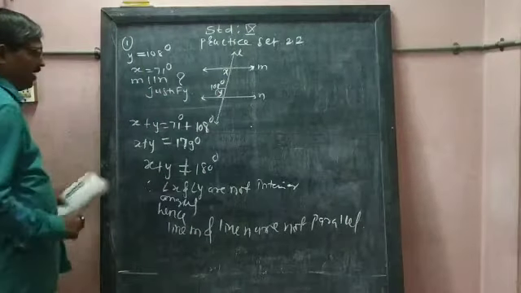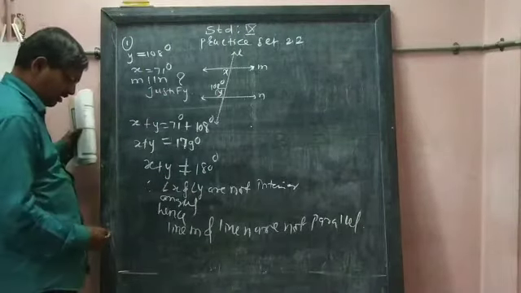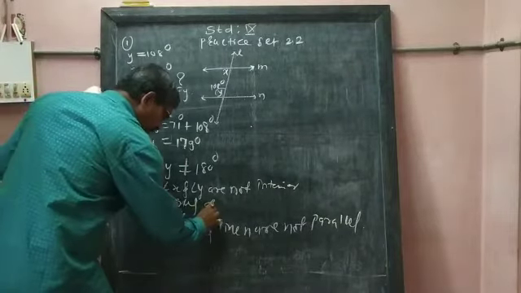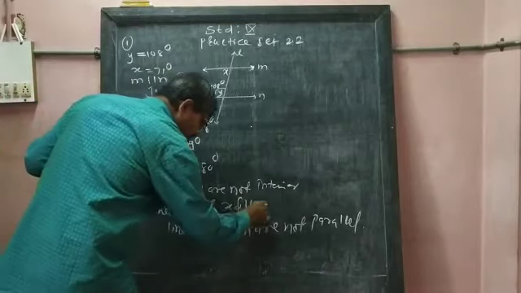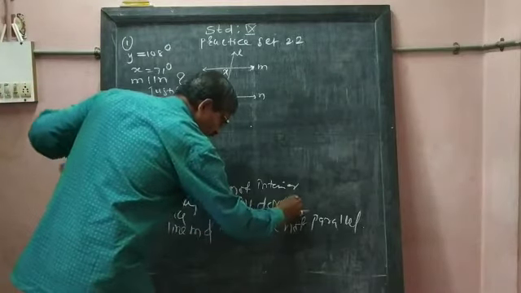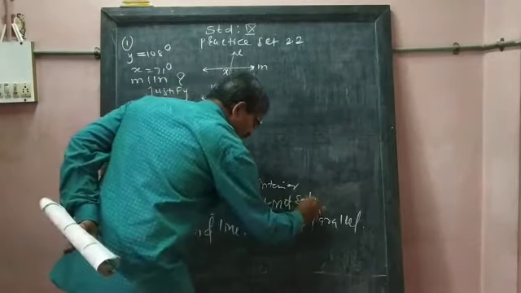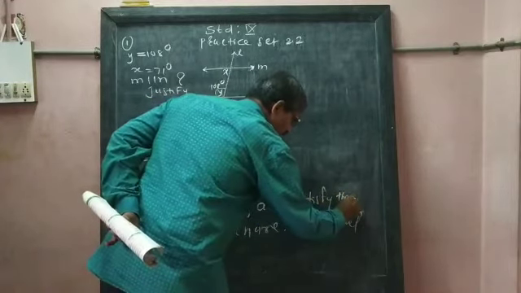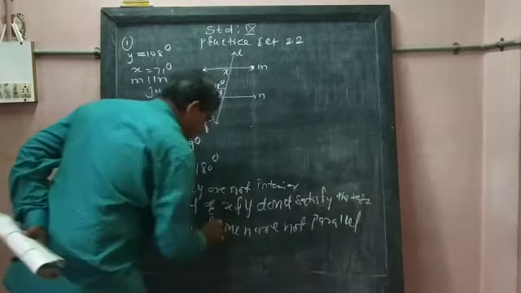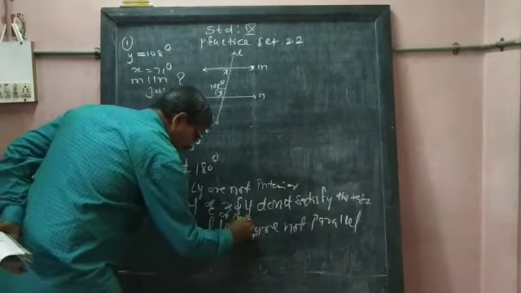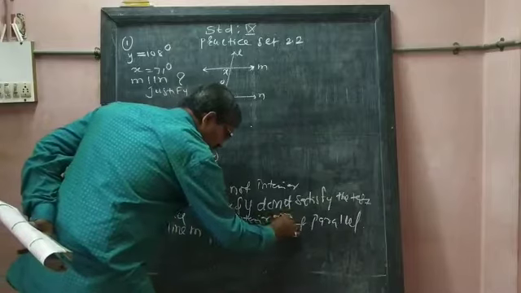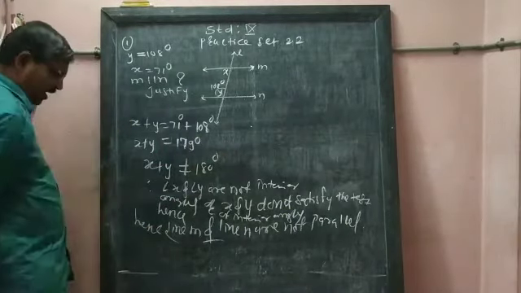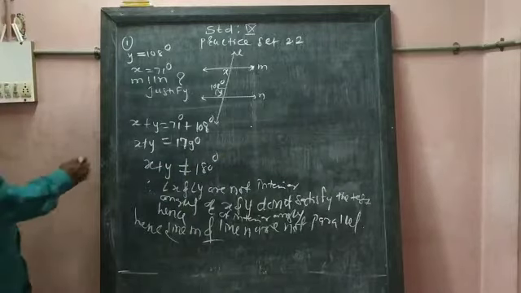Here you may write that x and y do not satisfy the test of interior angles. Hence m and n are not parallel.